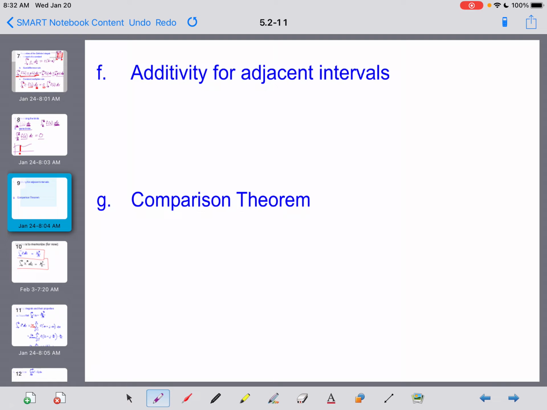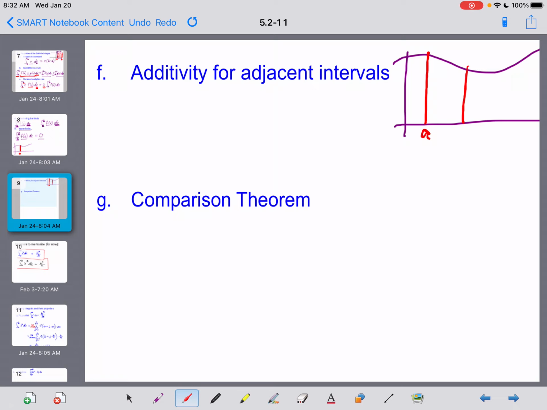Let's take a look at F. Okay, the additivity property for adjacent intervals. Adjacent meaning right next to each other, everybody. So real quick, I don't think I need to spend too much time drawing this out, but if you had a curve, doesn't really matter what the curve is, and it looks something like that. If you had one interval that started right here at a and then went over here to b, and then you had a second interval that was adjacent to the first interval.